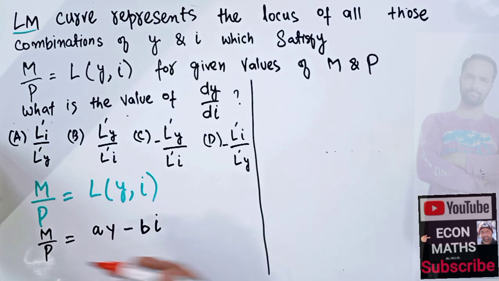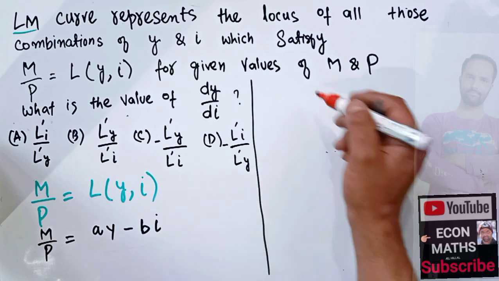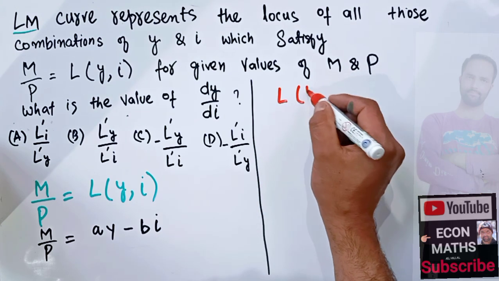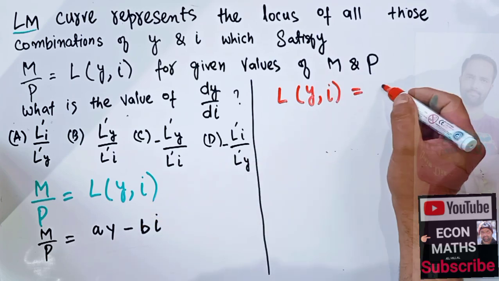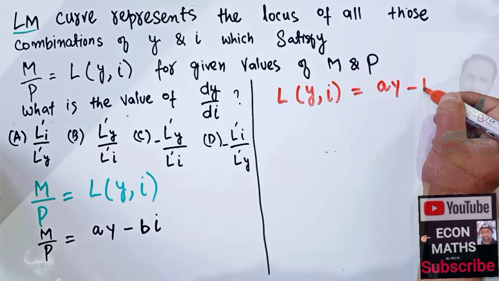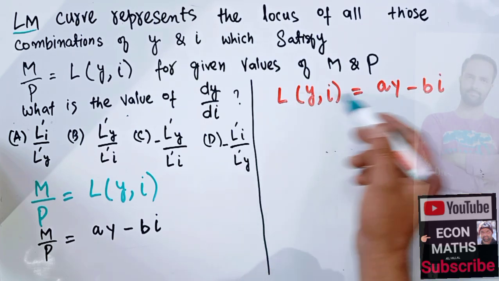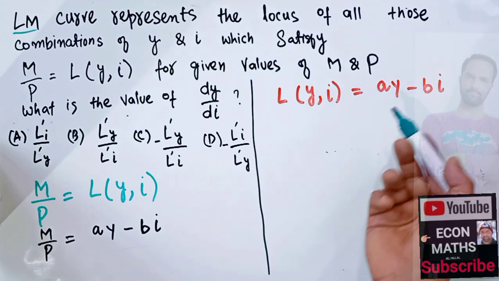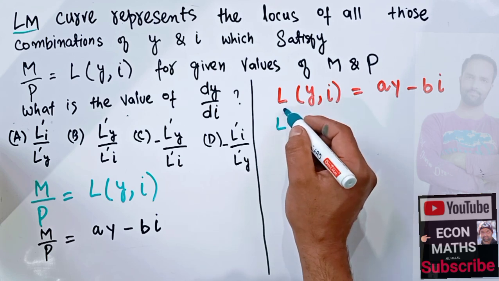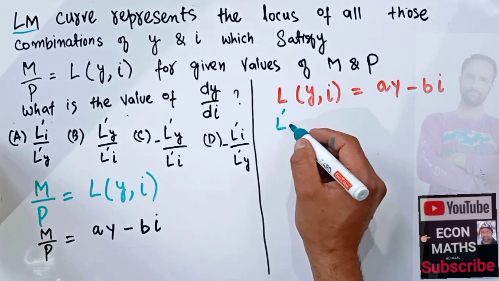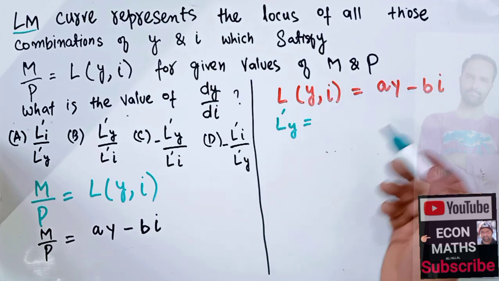Now let me first write the equation in this fashion. Let us write L, which is a function of income and interest rate, equal to AY minus BI. Let us first solve this. Let's take the partial derivative of this function with respect to income first. So L dash Y denotes the partial derivative of this function with respect to income.